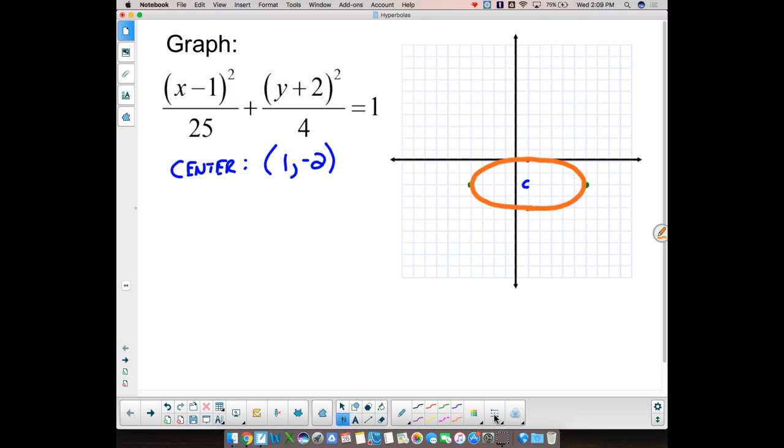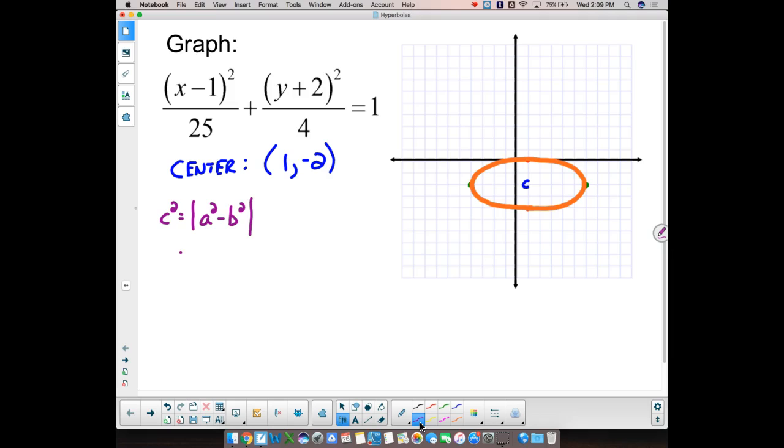Okay. Now, foci. We didn't tell you that you had to put the foci on this one, but if I was going to find the foci, the formula that I would use would be c squared is equal to a squared minus b squared, and I take the absolute value of that.